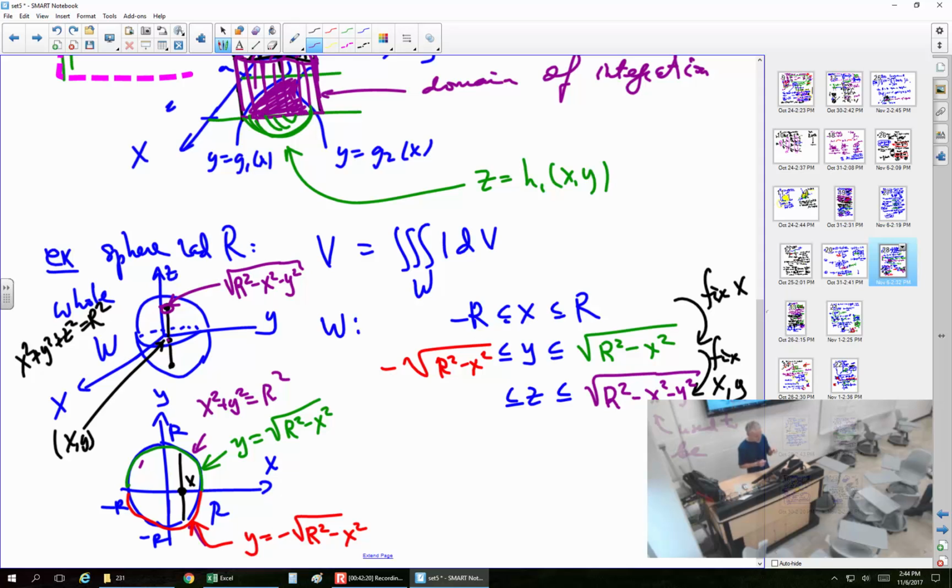It was a double integral, so z was not taken care of by limits of integration, but rather by what? By the function. We integrated this function over that region. Remember now? Okay, so it used to be the integrand last week, but that was a double integral.